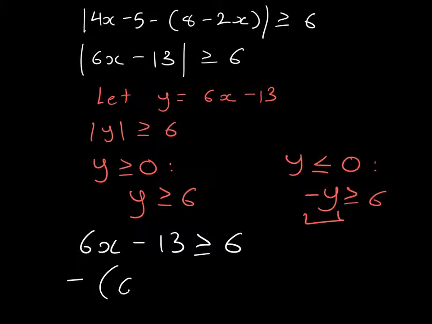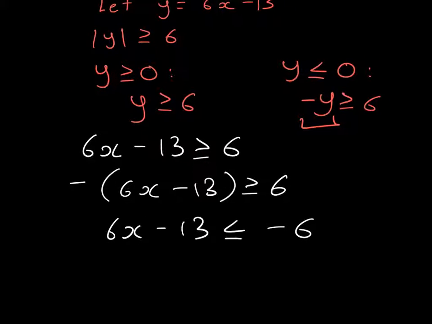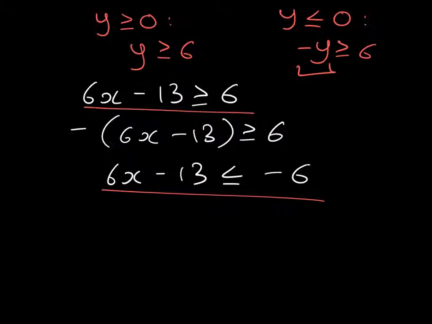Or negative 6x minus 13 is greater than or equal to 6, and then we can write this as 6x minus 13 is less than or equal to negative 6 using laws of inequalities. And if 6x minus 13 is less than or equal to negative 6, then it's automatically less than or equal to 0. So now that we have these two equations, we just have to simplify them.